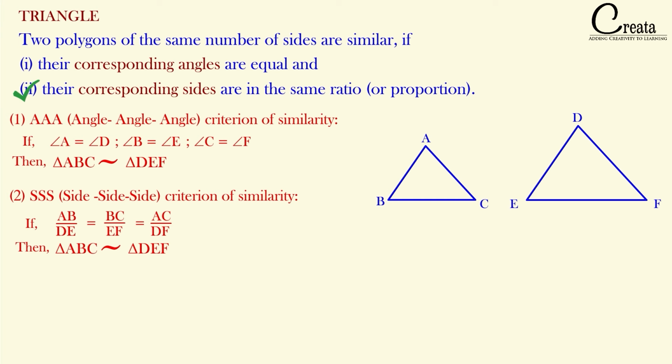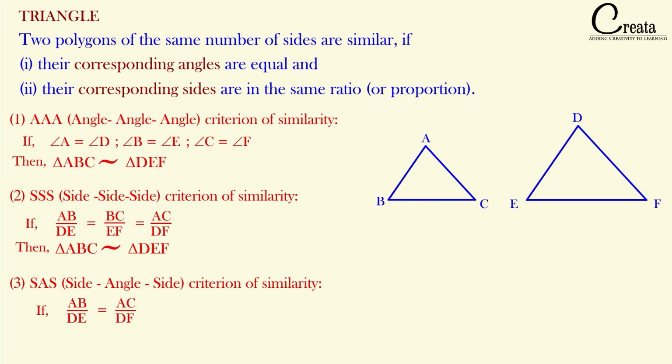This is important. The third is side, angle, side, that is SAS criteria. As per this criteria, if in two triangles the ratios of two sets of corresponding sides are equal and the angle in between the two given corresponding sides is also equal, here in this case, these two sets of corresponding sides, the ratio is equal and the angle in between the two corresponding sides is also equal, then we can say the two triangles are similar to each other by SAS criteria.